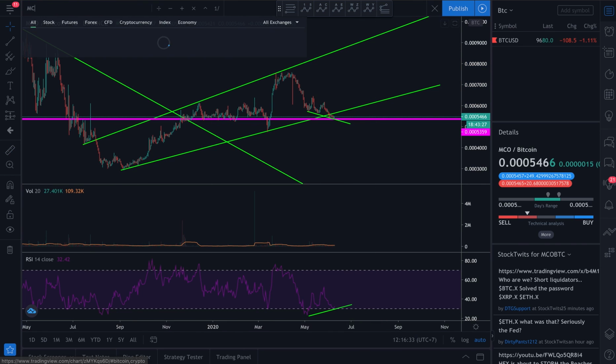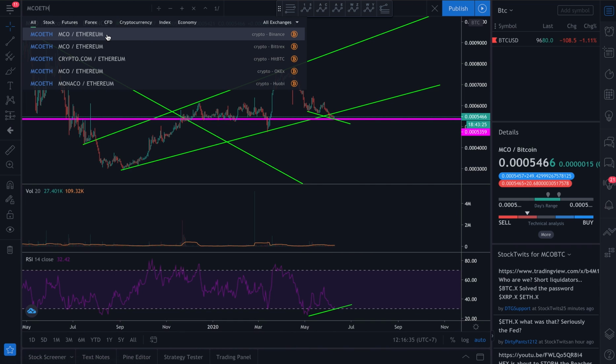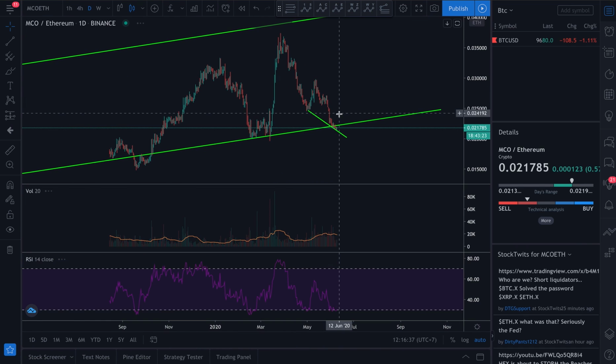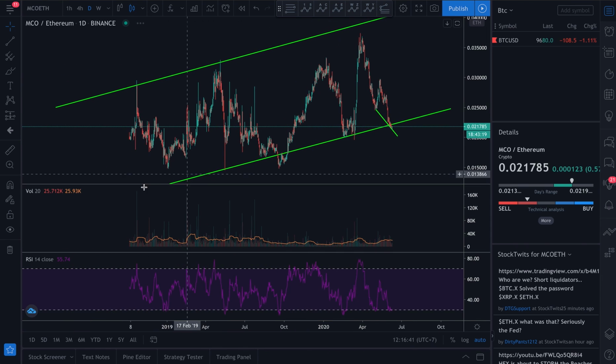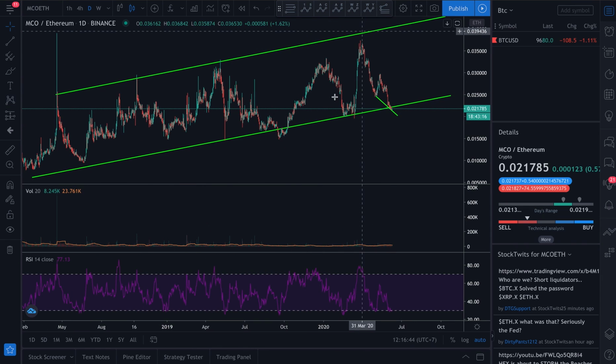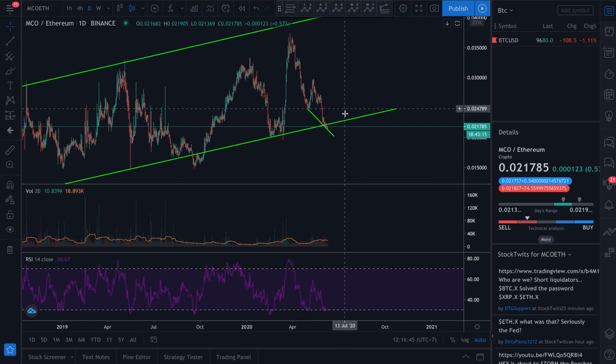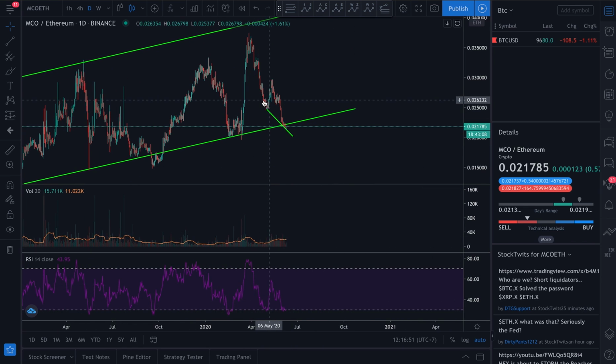And again, let's look at MCO and ETH on Binance. Let's take a look. So we're again here in this one big channel, and we're now at this bottom level. RSI is down. The price has been going down, even though RSI is on the same level.